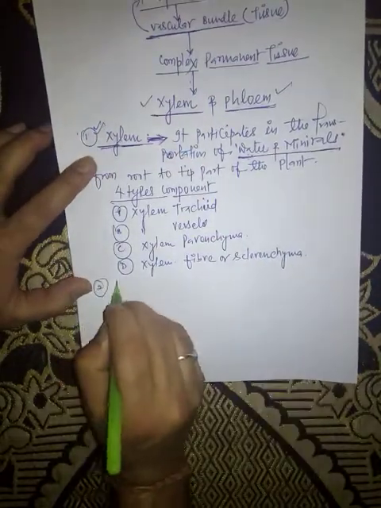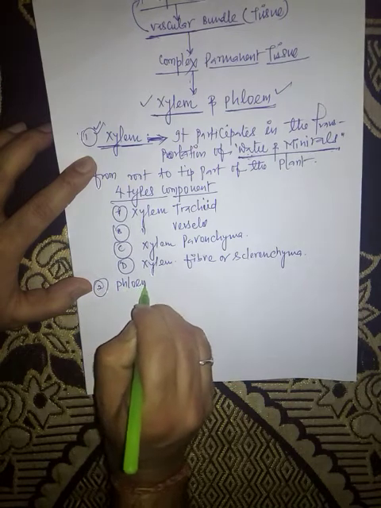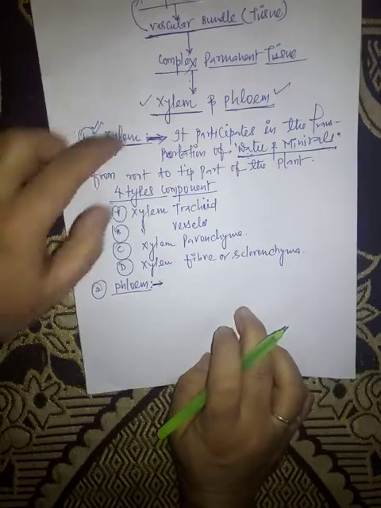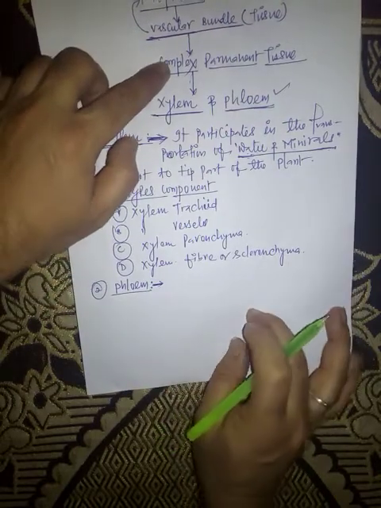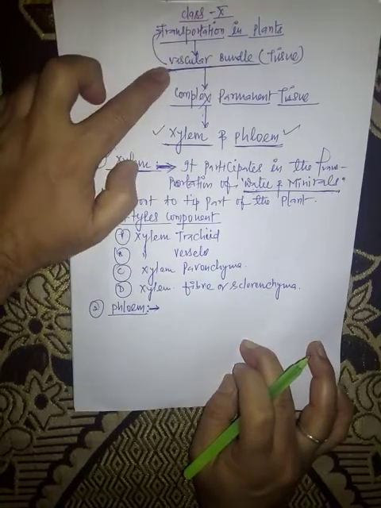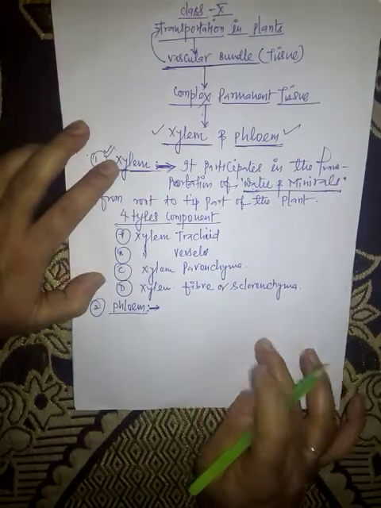Second, phloem. It is also a complex permanent tissue and a part of the vascular bundle.